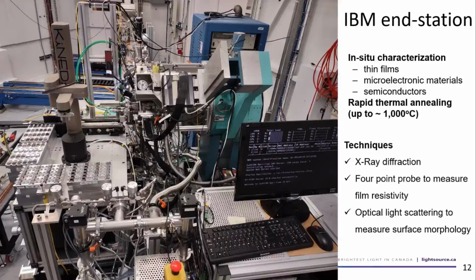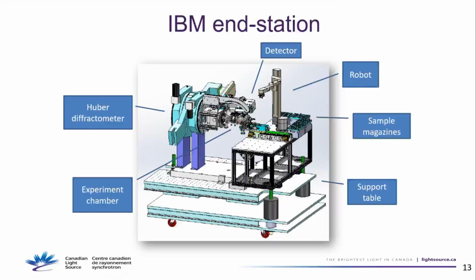And so this station also has high purity helium and nitrogen, and it has a 4-point resistance probe, which is important in microelectronics, and it has optical light scattering for the roughness. So we're measuring resistance, roughness, and changing the temperature in ultra-high purity atmospheres while we're doing X-ray diffraction and getting the structural changes of this material.